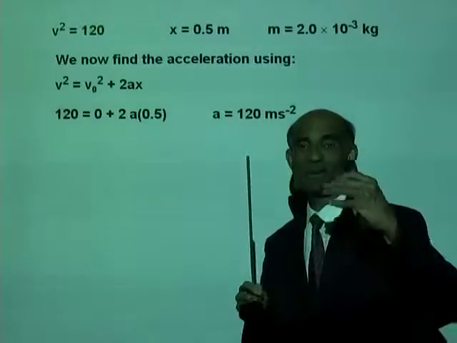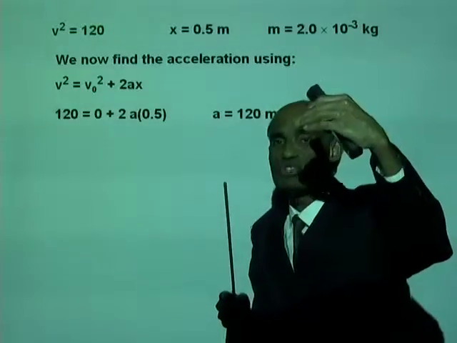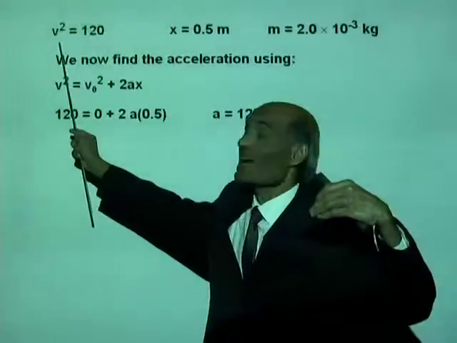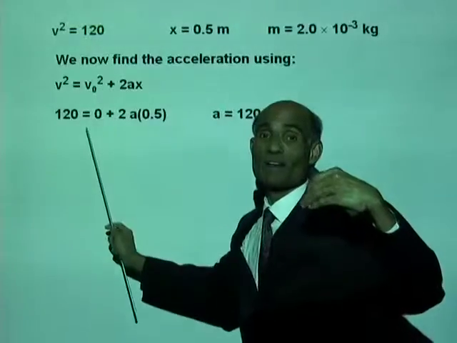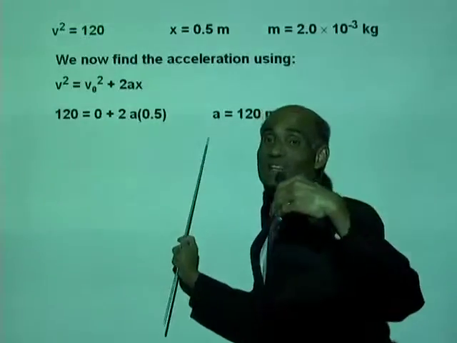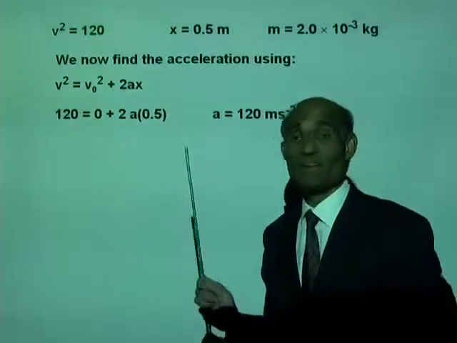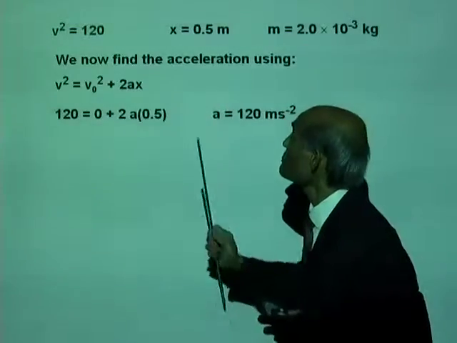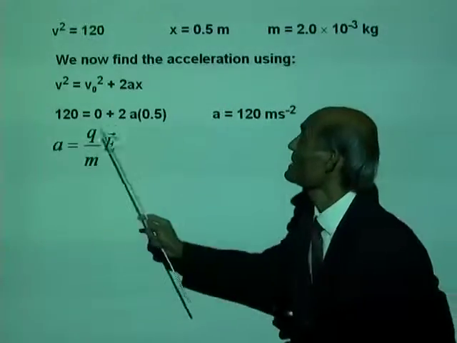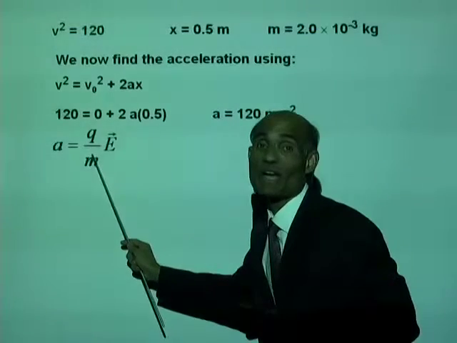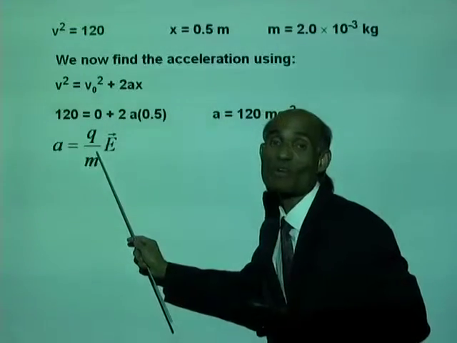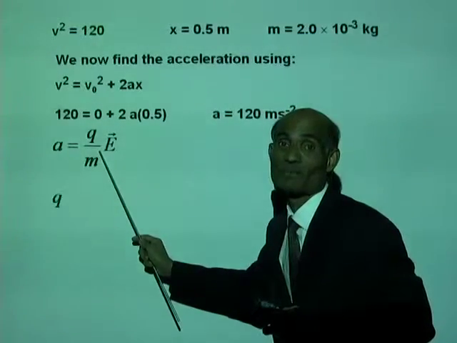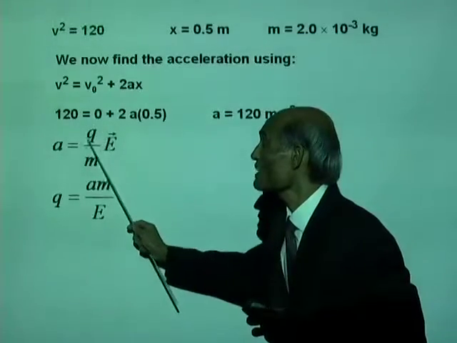You see how we started with kinetic energy, from there we calculated v squared, and then we used that to calculate the acceleration. Now, if you know the acceleration, we can find whatever we are looking for. What are we looking for? We're looking for that charge q.